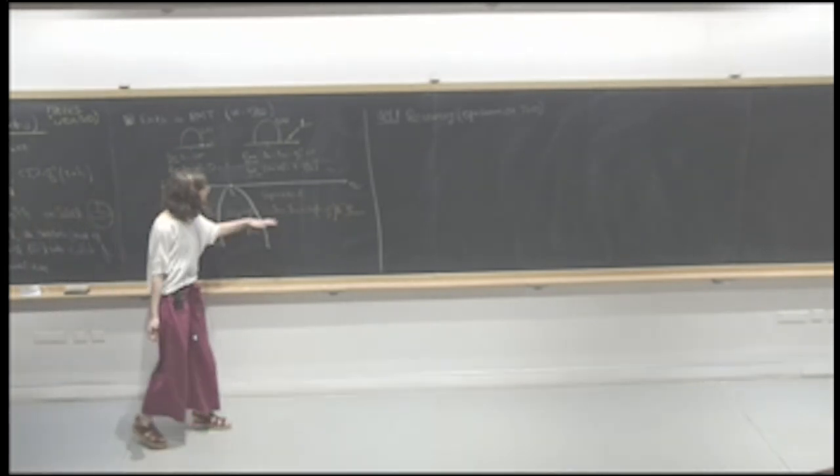Now, what is the ground state? You see it here. It's the maximal eigenvalue of this matrix, which corresponds to the minimal energy, because I put a minus sign in here.